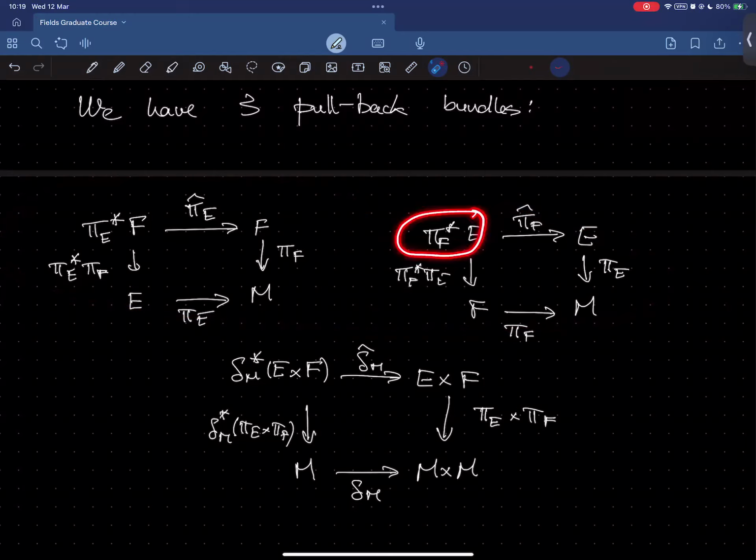So what does this consist of? So this consists of points in E cross F, all right, where pi F of the point here is the same as pi E of the point here. So these are just points in the vector bundles F and E sitting over the same point in M. Okay, so immediately the points in here are going to be elements of E cross F, which lie over the same point in the base.